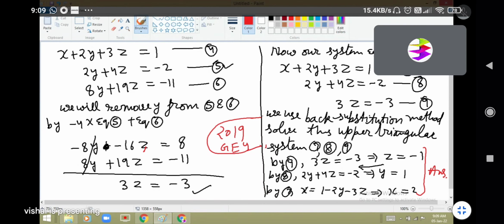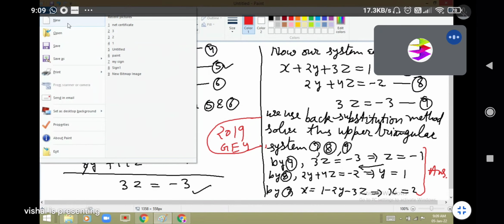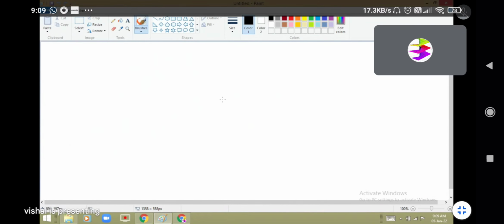When you solve this system using matrix, it will be easy and less time consuming. Suppose by the previous method you will take 15 minutes, then by this method you will take only 5 minutes, which I am going to tell you. What is the next method? Gaussian elimination method using matrix.